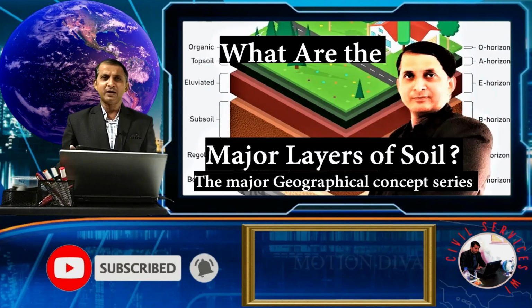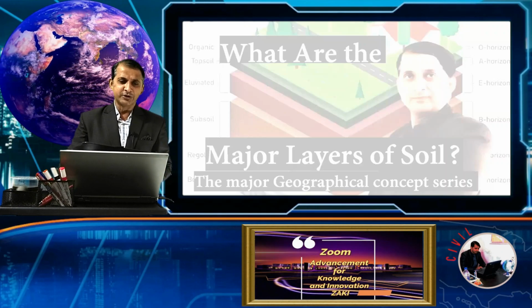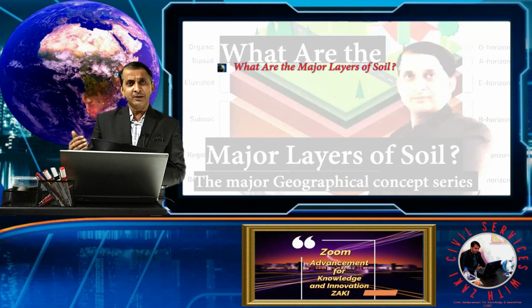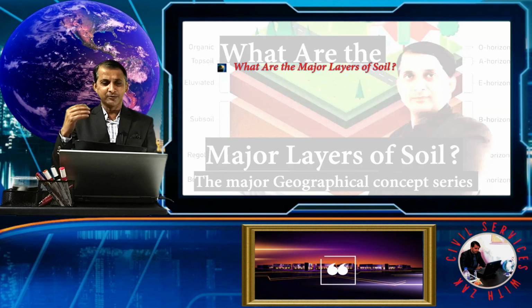So let's move forward and see today's topic. What are the major layers of the soil? In this video, we will discuss some of the major topics. So what are these topics?